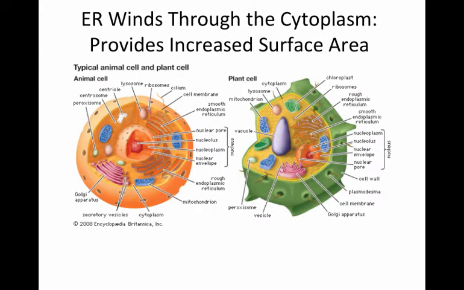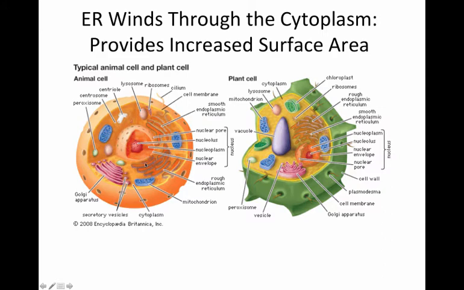The ER, it winds itself through the cytoplasm. So if you look here at the depiction of an animal cell, you'll see that there is smooth endoplasmic reticulum here within the cytoplasm. And you see that there's rough endoplasmic reticulum here within the cytoplasm.